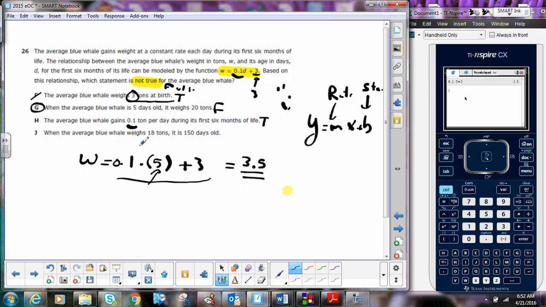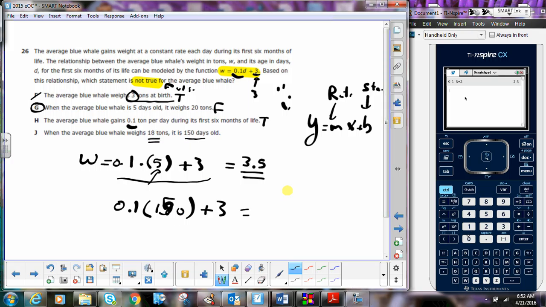When the average blue whale weighs 18 tons, it is 150 days old. Let's see. So we do 0.1 times 150 days plus 3. If you plug this into the calculator, it should be 18.